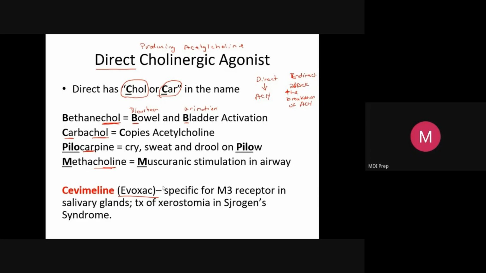Ah, so that means then. Go ahead. It means that it's specific for M3 receptors, but it acts as an adrenergic. It's not a cholinergic. Whoa, wait a minute. You're saying this is not a cholinergic? It is a cholinergic, but its action is working as a sympathetic, not a parasympathetic.